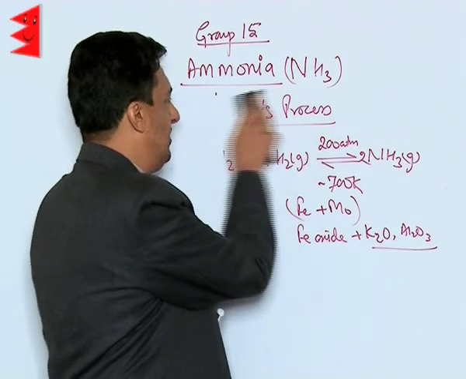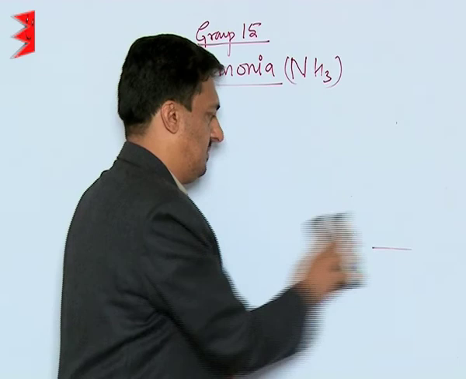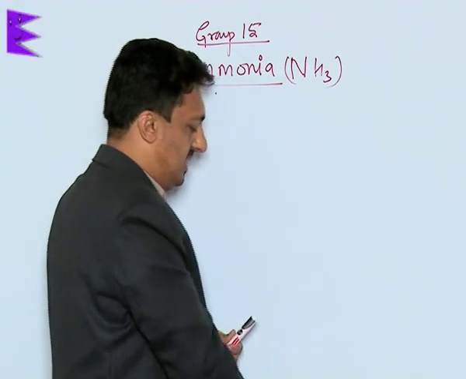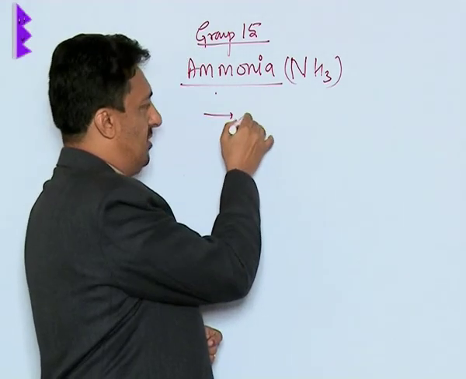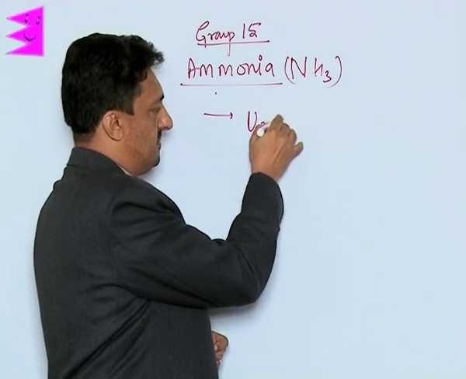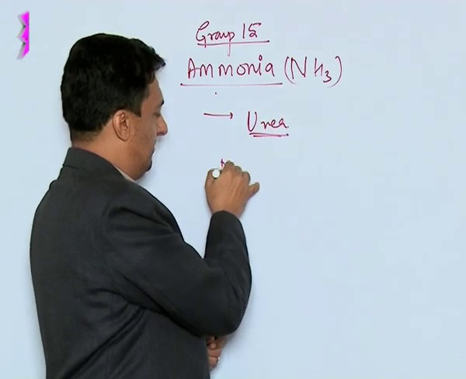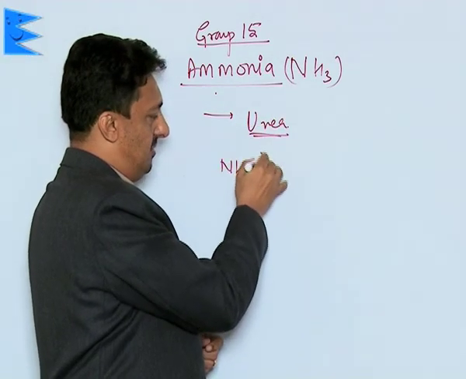In the lab it can be obtained in the following ways. It can be obtained from urea, which we know is NH2C double bond O NH2.